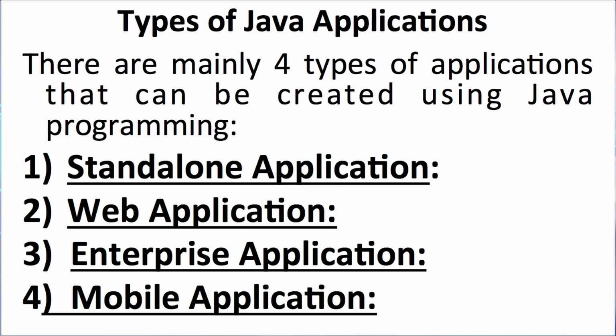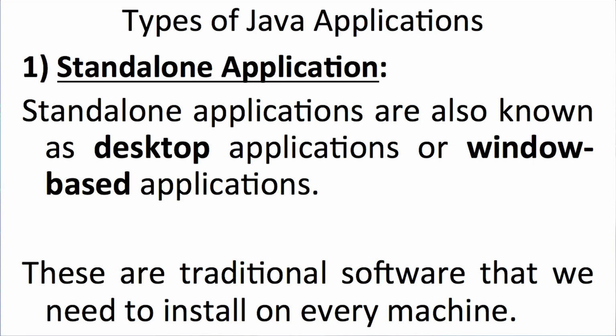Now the first application, that is the standalone application, means the application designed for a standalone computer. Standalone applications are also known as desktop applications or window-based applications. We can develop software for any desktop which works as a standalone without any use of the internet.